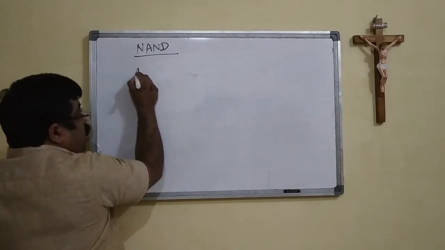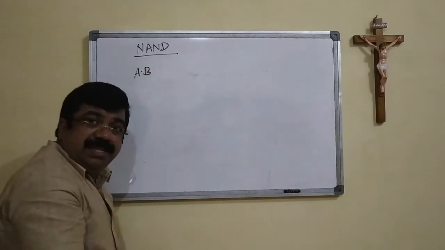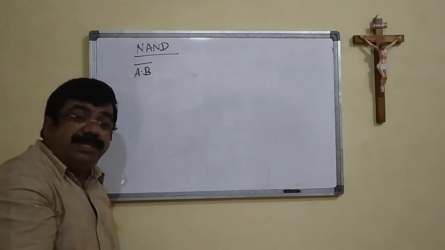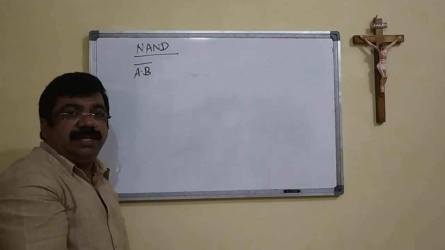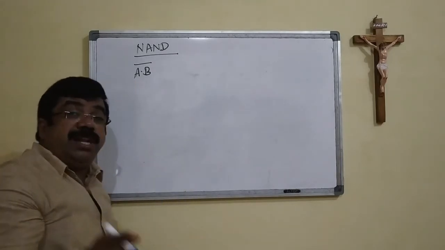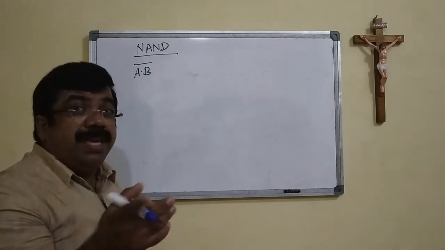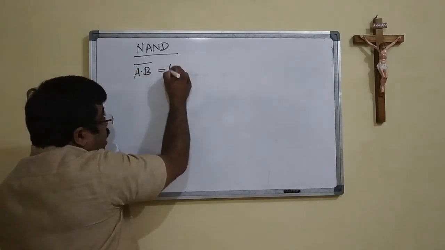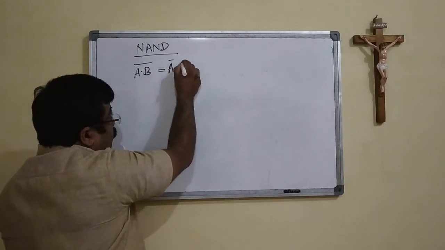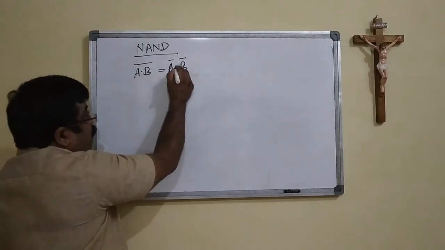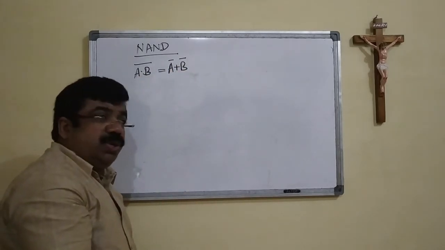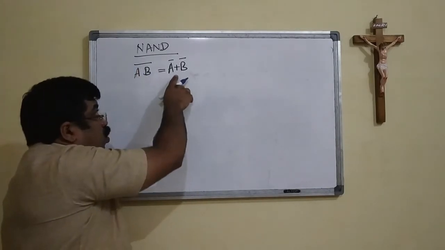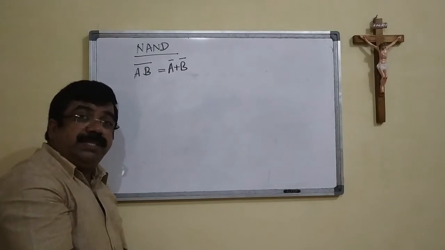A into B was AND, and then putting a bar over that makes it NAND. Then by using De Morgan's law, breaking the line and changing the sign, into will be made as plus. A into B the whole bar is equal to A bar plus B bar.